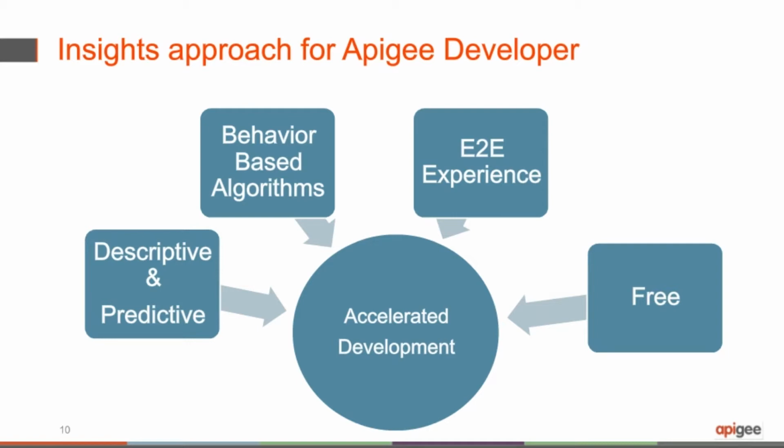And all of this with the end goal in mind that ultimately all these predictive outcomes have to be consumed by an application so that they can be presented to an end user.